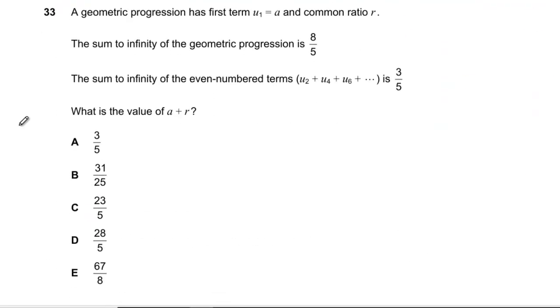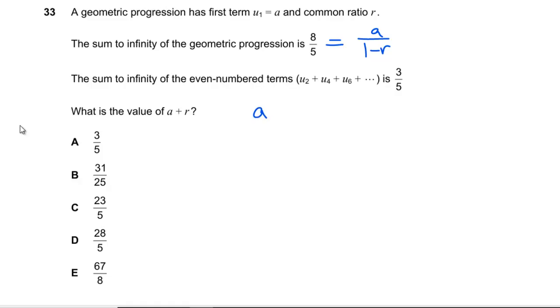Okay, 33, we've got a geometric progression. First term is A, common ratio R, sum to infinity, so A over 1 minus R is that. Sum to infinity of the even number terms is 3/5. So I suppose the odd number terms would have to be 1 then.